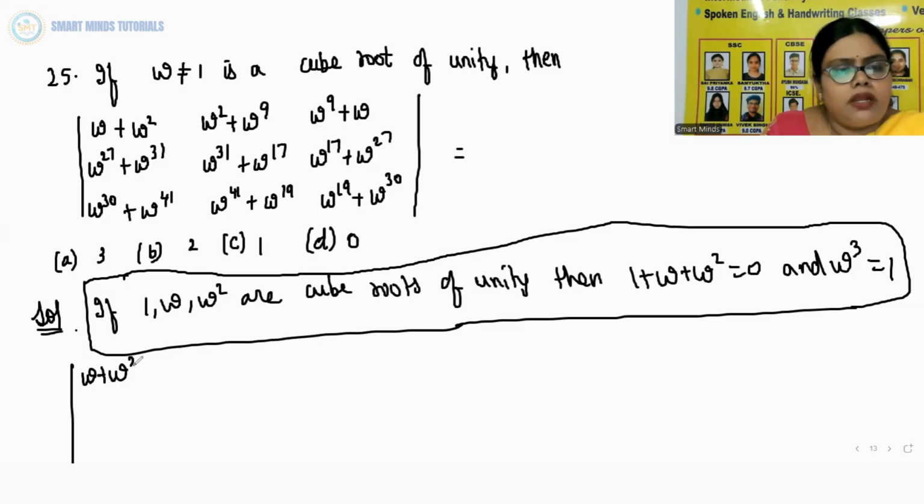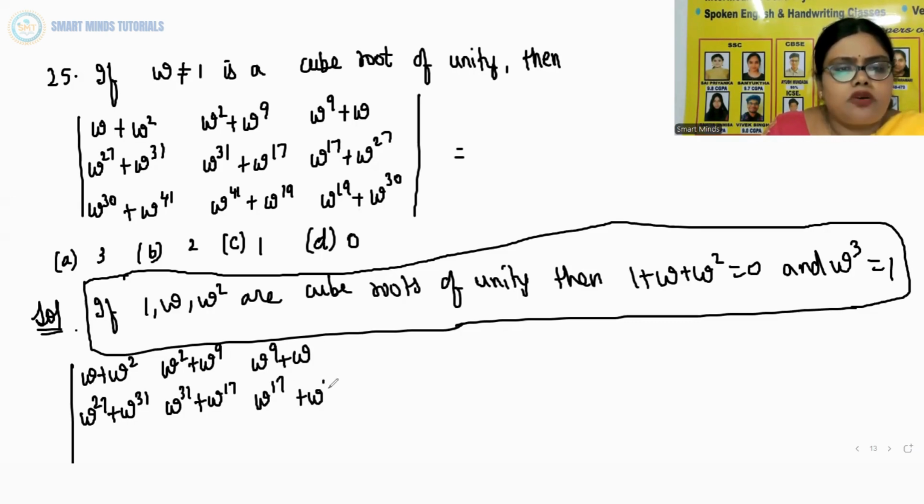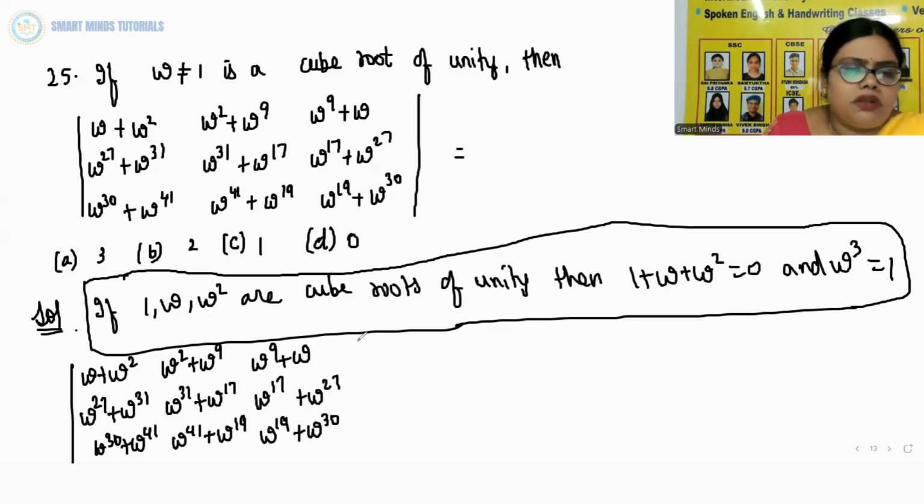Omega plus omega square, omega power 9 plus omega power 27, omega power 31 plus omega power 17, omega power 17 plus omega power 27, omega power 30 plus omega power 41, omega power 41 plus omega power 19, omega power 19 plus omega power 30.